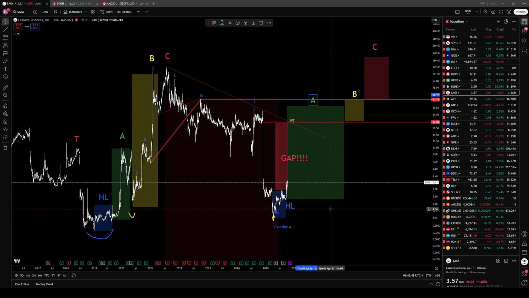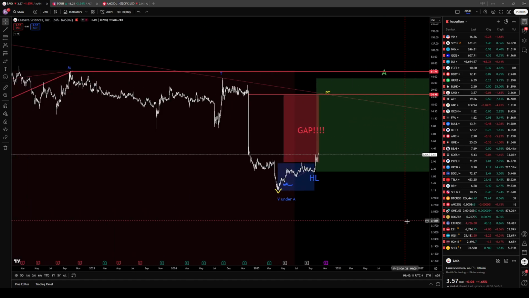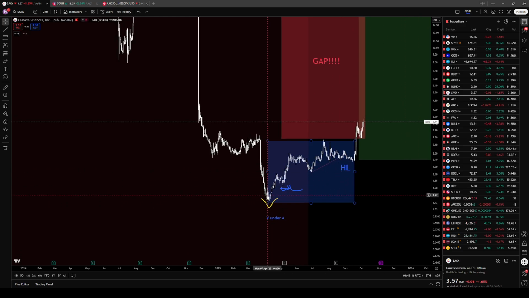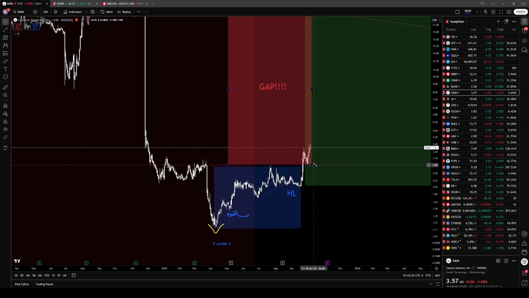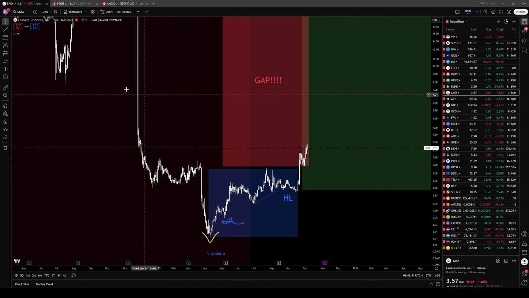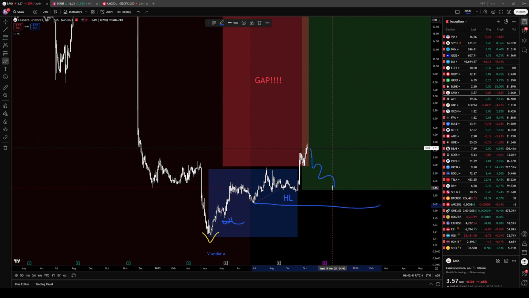For the small tracking and for the alt, if you zoom in, you can say this is your V, it's the same. This is your small higher low. This is your small A. This is your small B. And this would be your small C. Would mean we pull back, making our small LNT and go to V under A. Here, then you higher low and then you go.